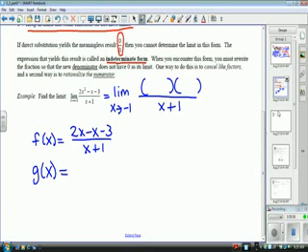Okay, so let's factor this. Do you see the 2x squared here? What does that mean as far as factoring goes? 2x and x, right?